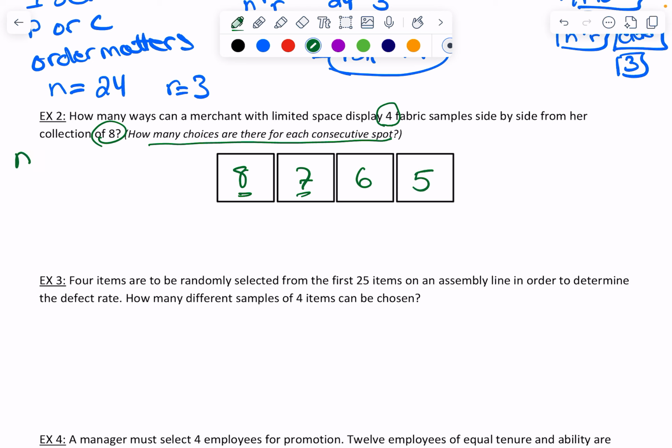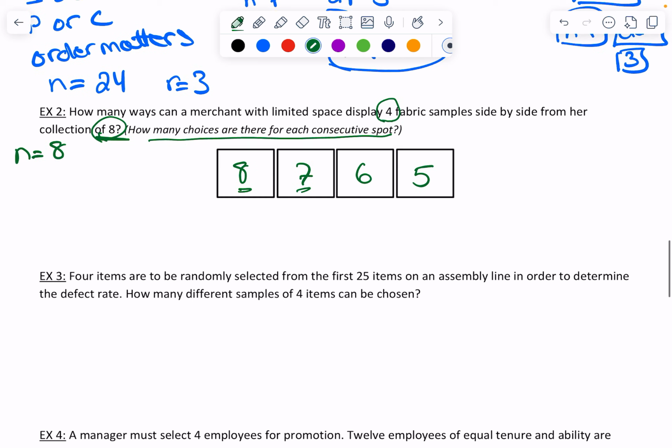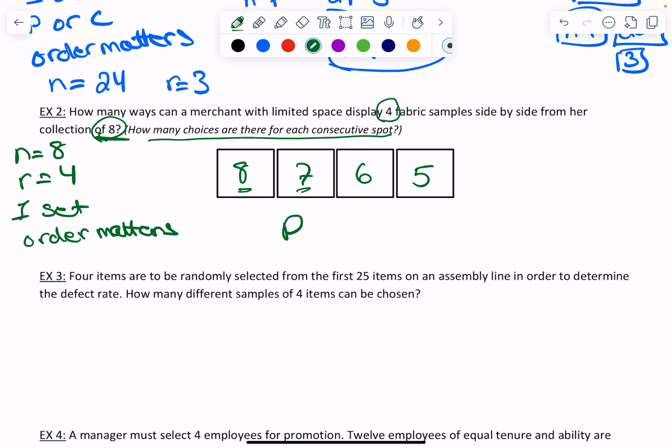So our N here is going to be the 8, how many are all together. And then R is 4, how many we have side by side. We have one set. Does order matter? Yes, order matters in this case. So we're using permutation, and we have 1,680 different options.